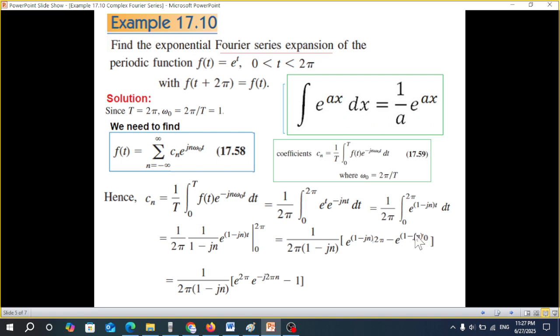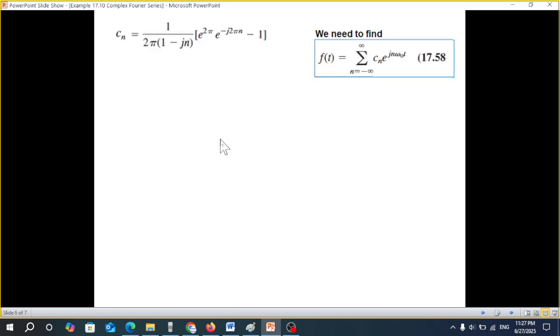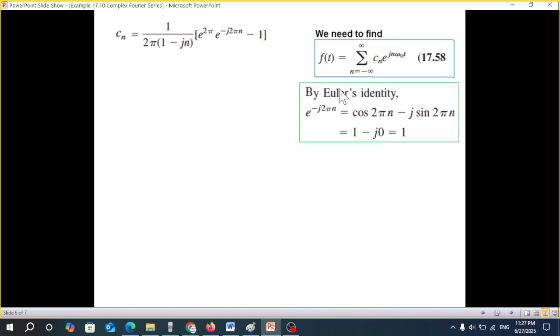e raised to the power 0 will be 1, so it is 1, and we are separating these two now. e raised to the power 2 pi and e raised to the power minus j 2 pi n from here. So we were here, and we have to eliminate this term, and this can be eliminated from, again, the Euler's equation. e raised to the power minus j 2 pi n can be written as cos 2 pi n minus j sin 2 pi n.